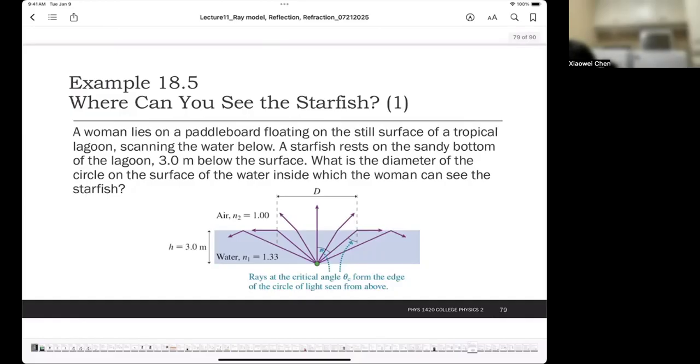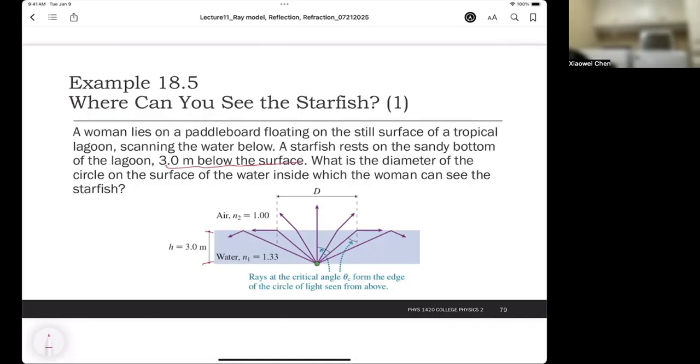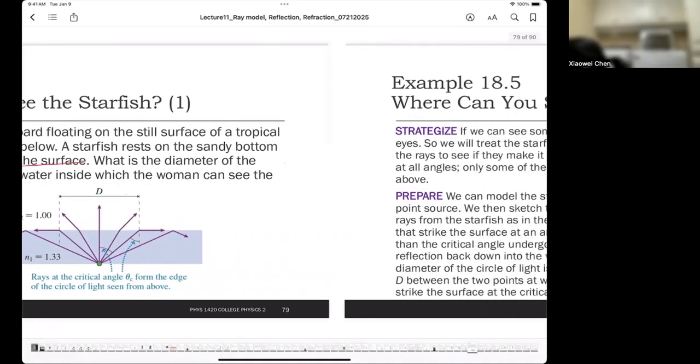A starfish rests on the sandy bottom of the lake, 3.0 meters below the surface. What is the diameter of the circle on the surface of water inside which the woman can see the starfish? Okay, let us analyze this question.